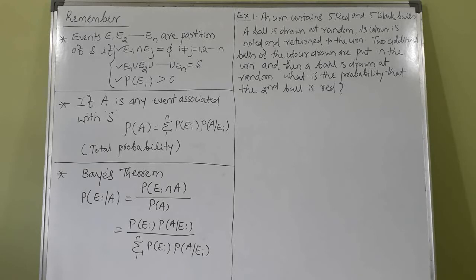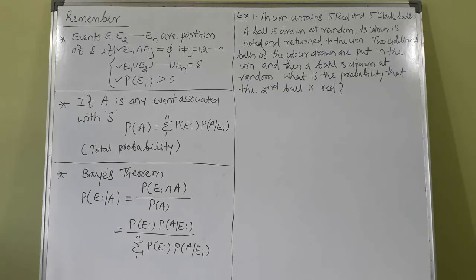That means probability of E1 into probability of A given E1, plus probability of E2 into probability of A given E2, plus probability of E3 into probability of A given E3, and so on up to probability of En into probability of A given En, like that.